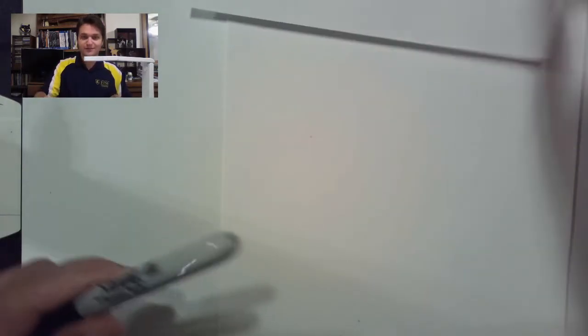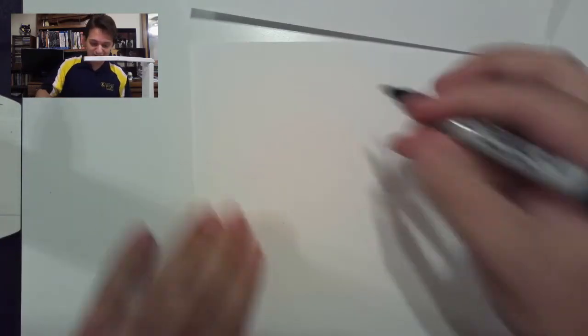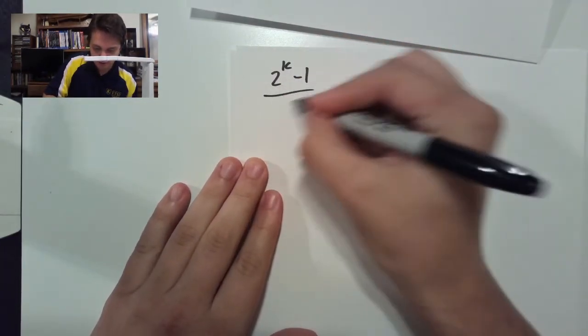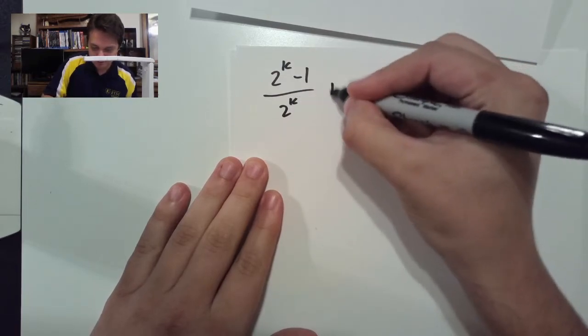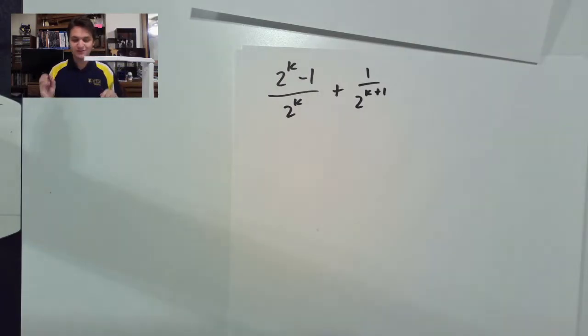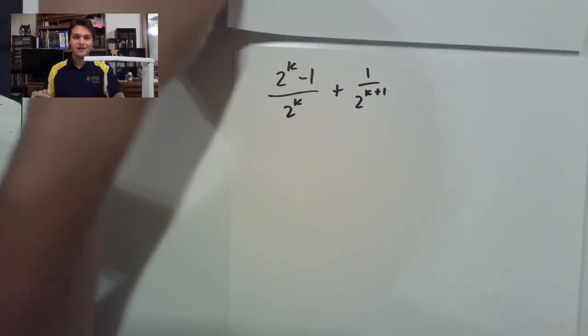So I'm just going to spend a little bit of time rewriting the equation we stopped on. That was (2^k - 1)/2^k + 1/2^(k+1). So let's use that property of exponents that we just showed.